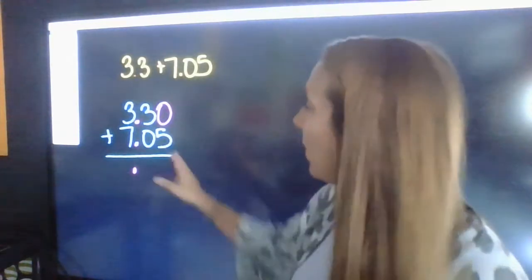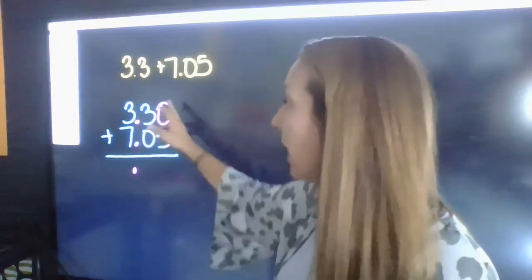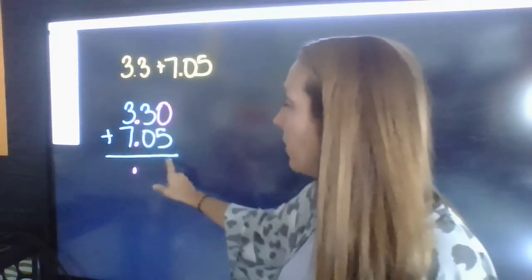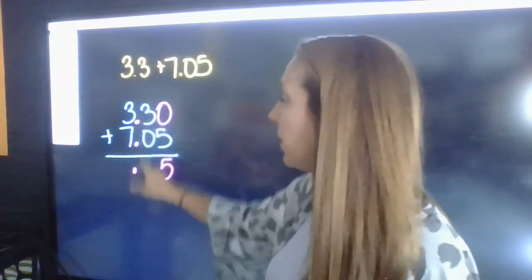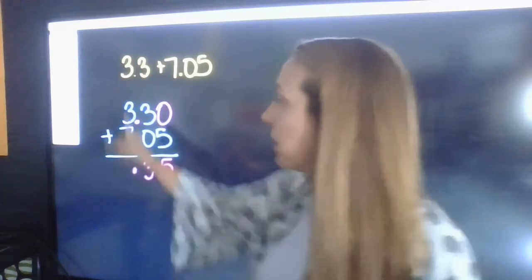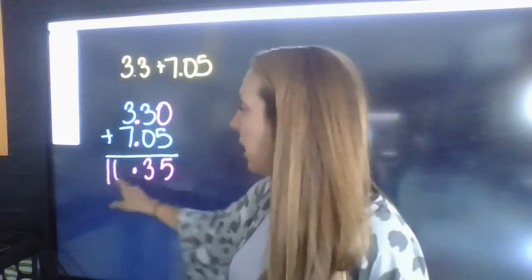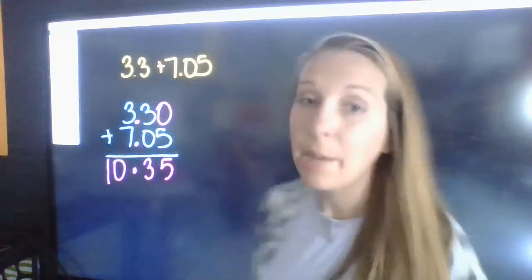Now, with that, we're going to say 0 plus 5 is 5. 3 plus 0 is 3. Then we're going to say 3 plus 7 is 10. So we have 3 and 3/10 plus 7 and 5/100 is going to give us 10 and 35/100.